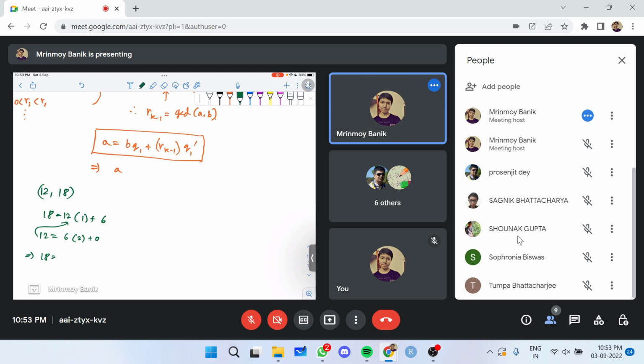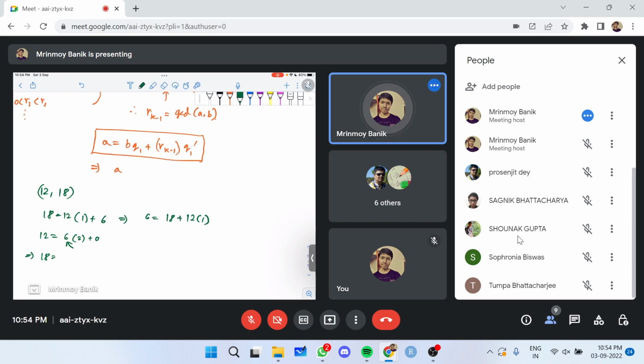Actually, in this case it's too simple, since you can just manipulate the first equation as 6 equals 18 minus 12 times 1. And since we know 6 is the GCD, I just wanted to point out how we can find one pair of solutions for Bézout's equation using Euclid's algorithm.